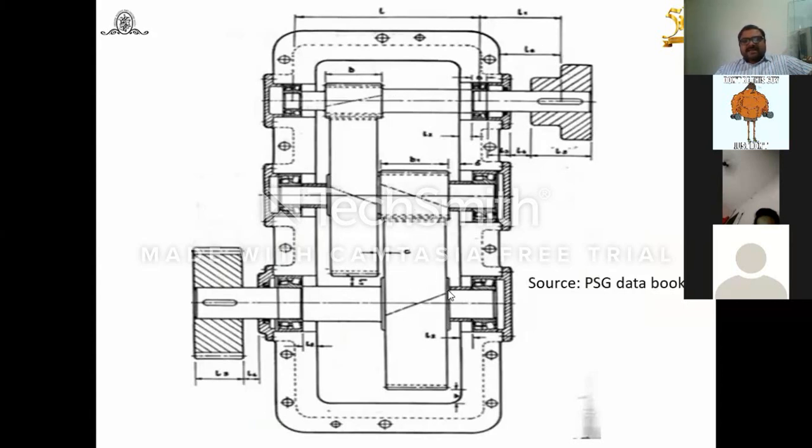Again here another gear is a helical gear. Look at this output shaft. That means you have to decide its representation. It will guide you. On the input shaft this is the location of the pinion, on the intermediate shaft the location of this gear and another second pinion, then on the other shaft the location of the gear. Accordingly, it will guide you while calculating the forces and while calculating the dimensions of the shafts.